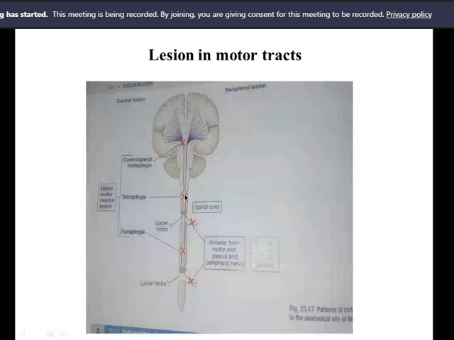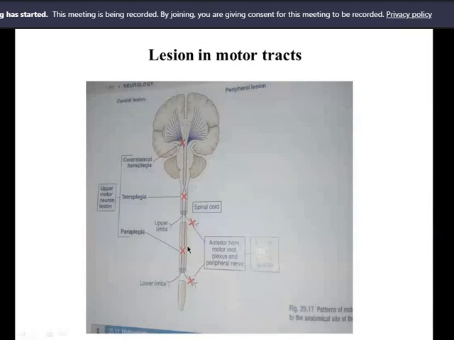Then the hand will not work, and this is the continuation to the legs, so the legs will not work. So there will be tetra or quadriplegia, right? And if it is here, the lower portion of the spinal cord, because you know that for the quadriceps jerk, the root value is L234, isn't it?